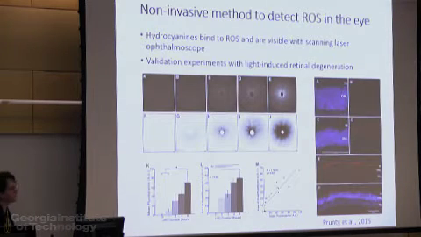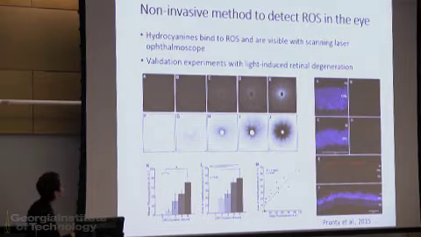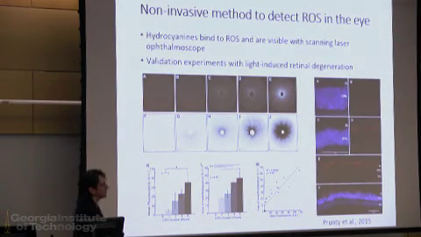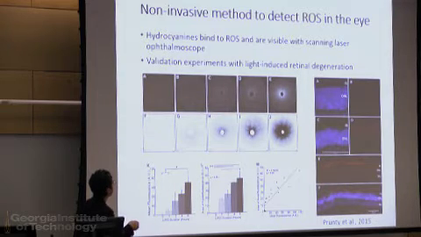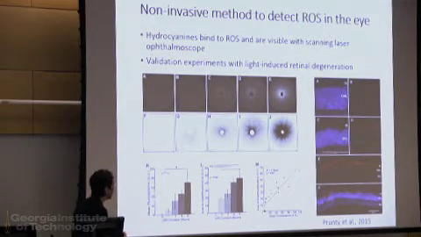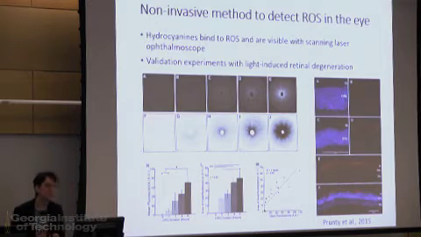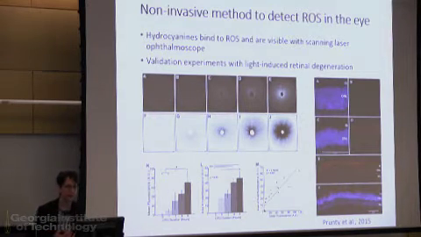So let me show you some of the results that we've gotten from this. This is a validation experiment, and we're using a scanning laser ophthalmoscope to actually visualize the fluorescence. And how we've done this experiment is we've induced basically an injury to the retina by using toxic light.